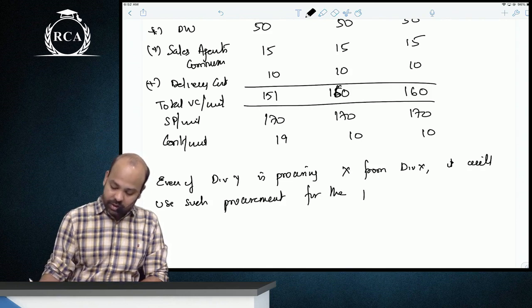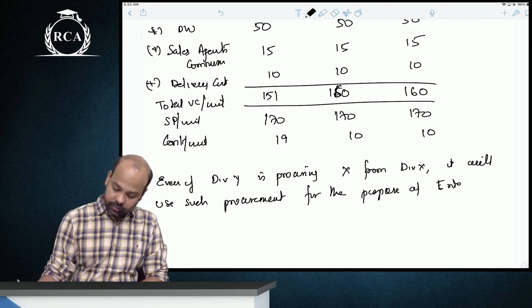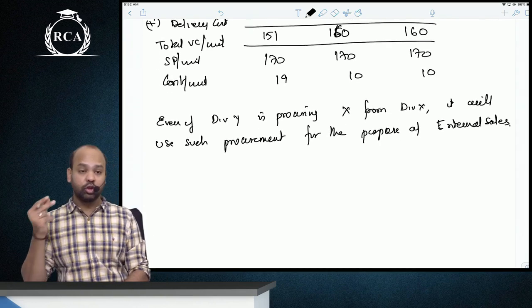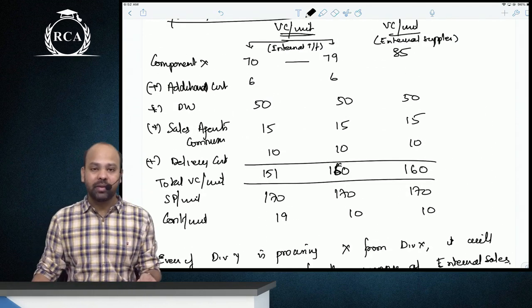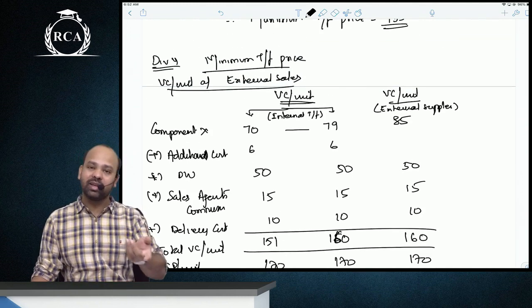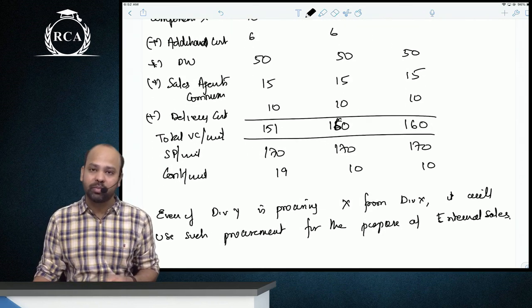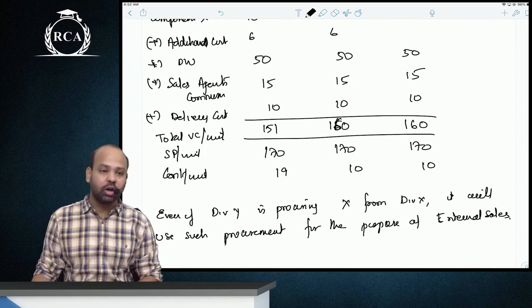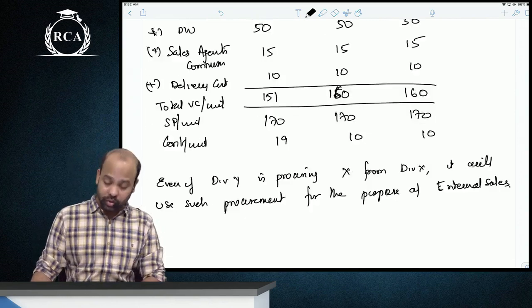Yes or no? They are making a higher contribution for the purpose of external sales. If they are procuring internally, don't you think they will use it and sell it in the external market? They are getting a higher contribution per unit. Yes sir.